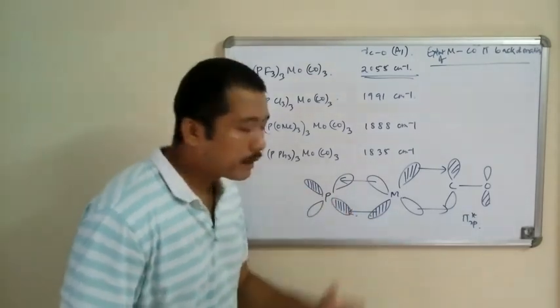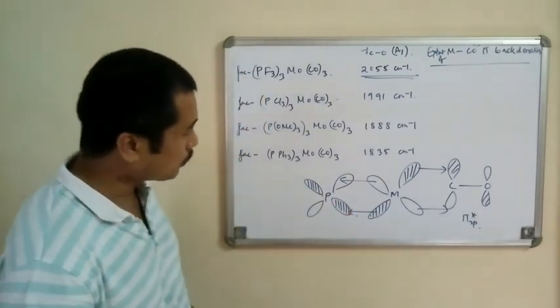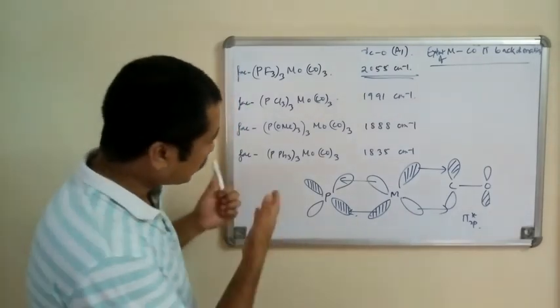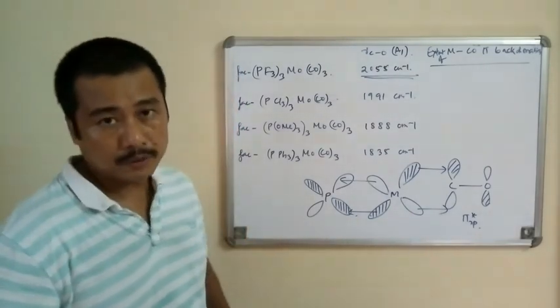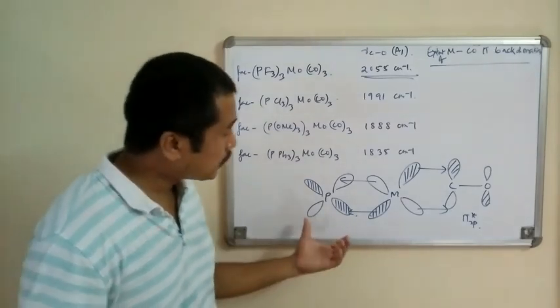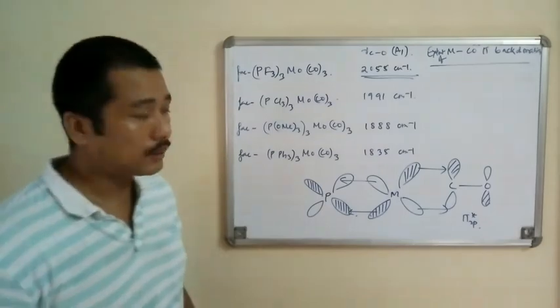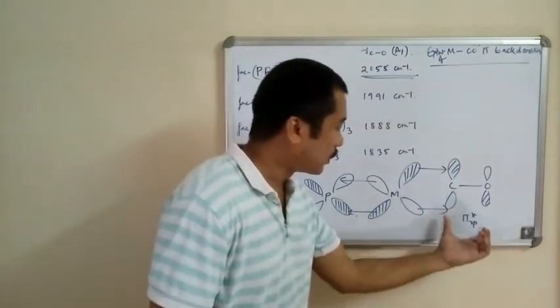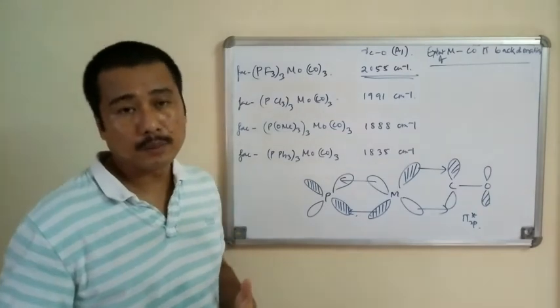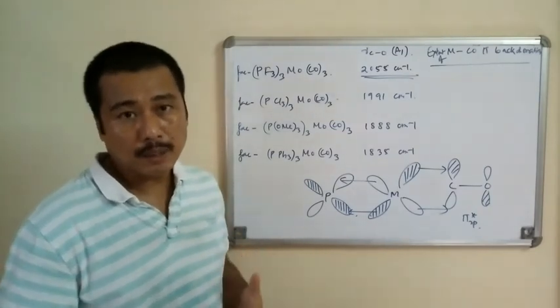So the same orbital of the metal now has to donate electrons to both the empty orbital of carbon monoxide as well as the empty orbital of phosphorus in the phosphine ligand. So there is competition between the carbon monoxide ligand and the phosphine ligand to accept electron density from the same metal d orbital.